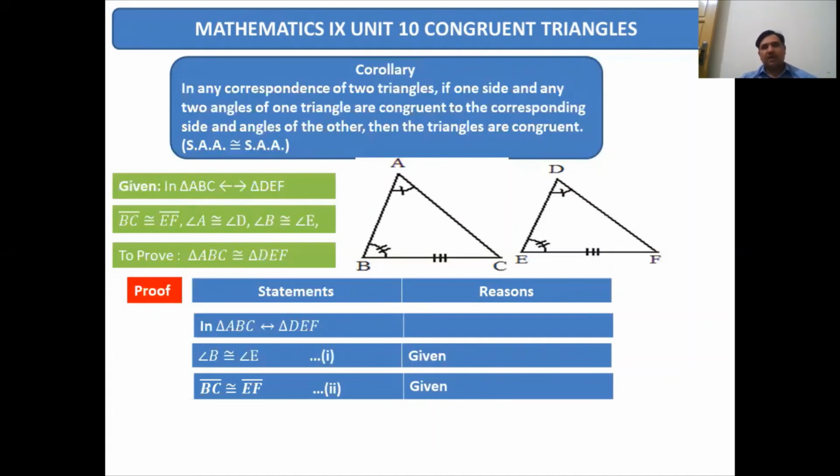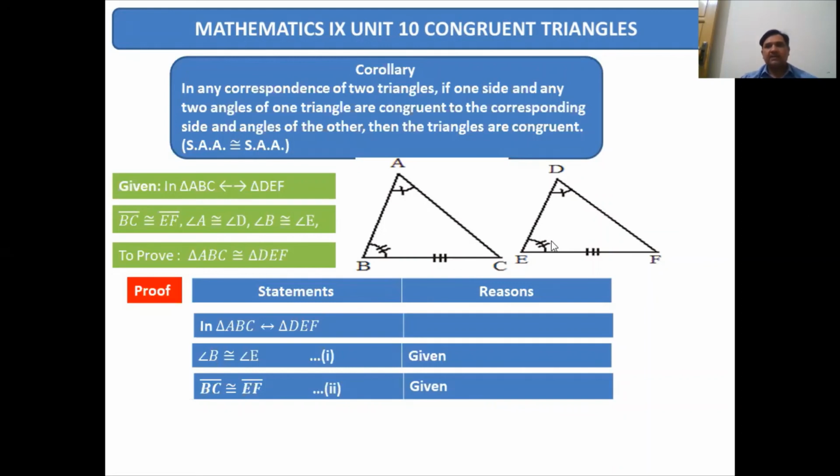Why? As we know, the sum of the angles of a triangle is 180 degrees. Suppose angle A is 60 degrees and angle B is 50 degrees. It means angle D will also be 60 degrees and angle E must be 50 degrees. When we add 60 and 50, we have 110.